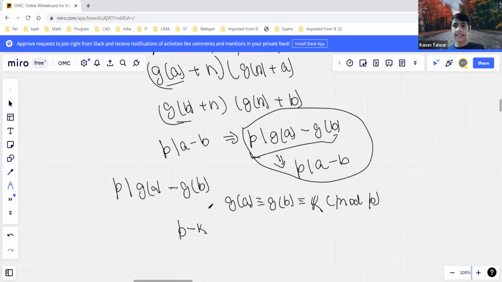So N should have the same remainder modulo P. Yes. The proof is perfectly right. The idea is perfectly right.